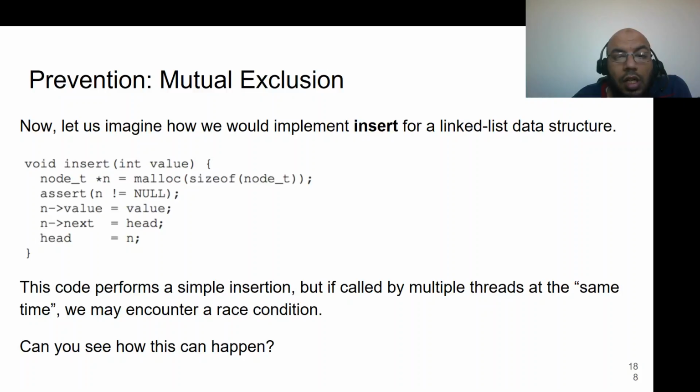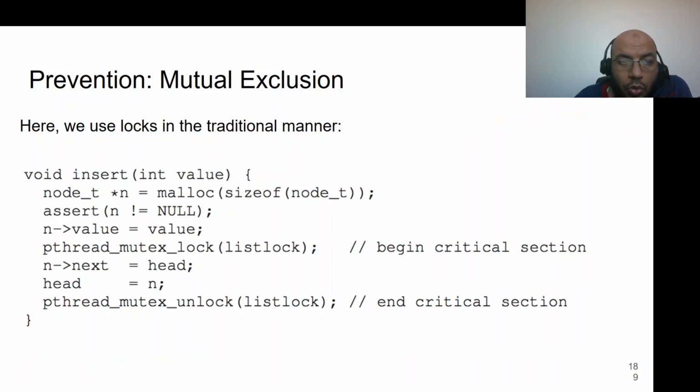Okay, this is again an insert for a linked list, for example. If multiple threads are trying to insert at the same time, you can encounter a race condition. One way to handle that would be to add locks in the traditional method, like here.